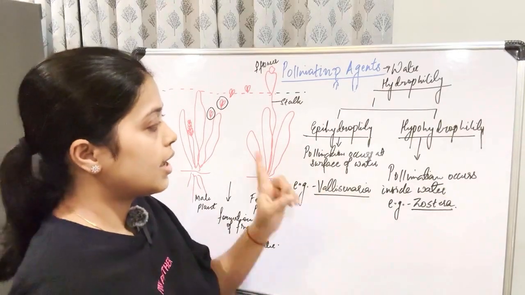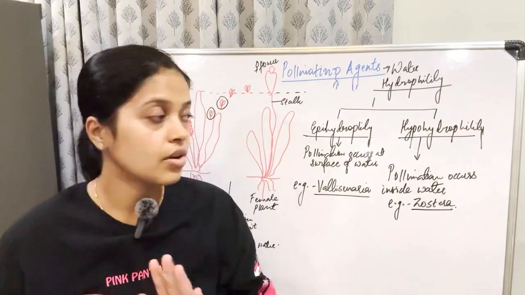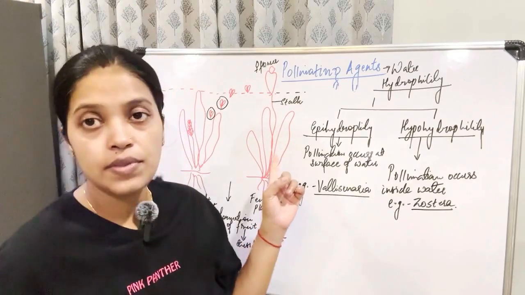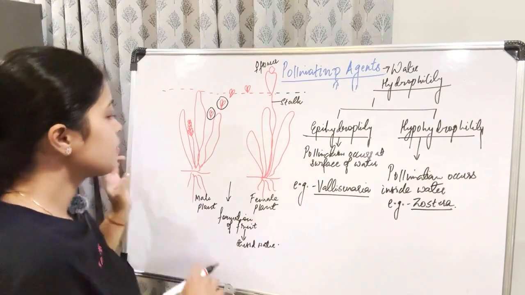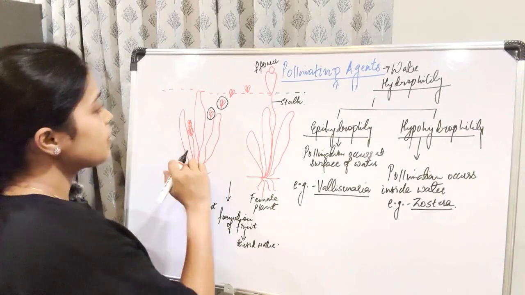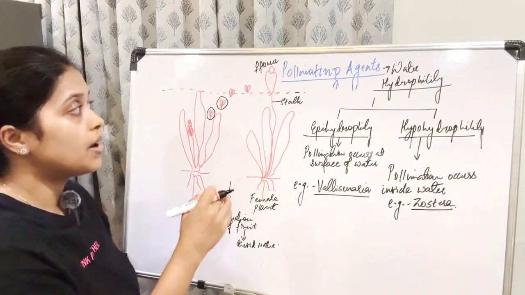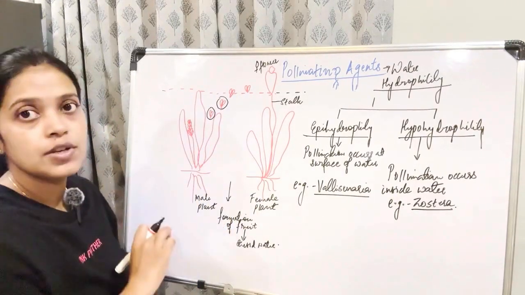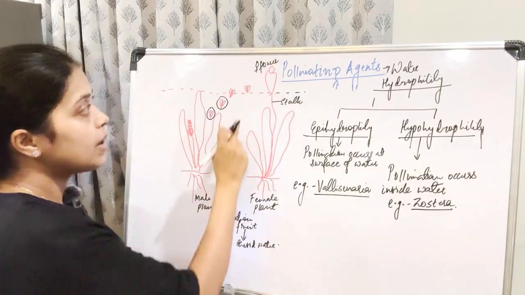Let's revise once again. Epihydrophily is when the pollination is occurring on the surface of the water. The example is Vallisneria. In Vallisneria, the male plant is submerged. During pollination, the male flower gets detached from the plant and floats on the surface of the water. There it reaches the female flower.